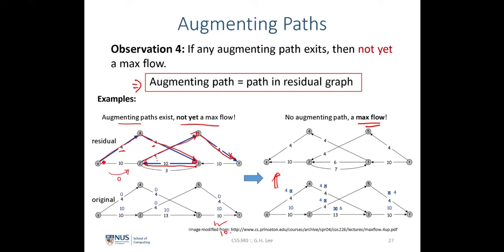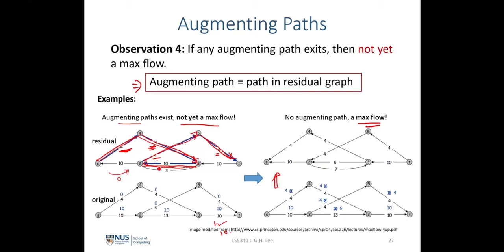What this means is that across this path that still exists in the residual graph, we will check all the capacities along the augmenting path and find the bottleneck capacity, which is actually 4 here. By bottleneck capacity, we mean the smallest capacity along this path.